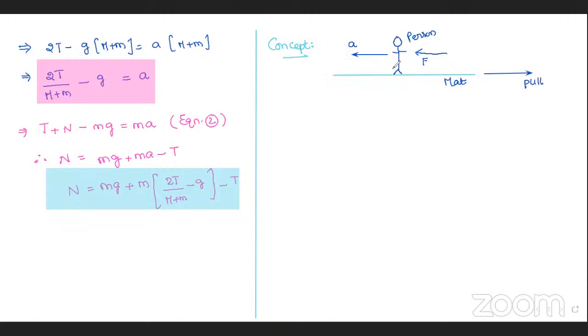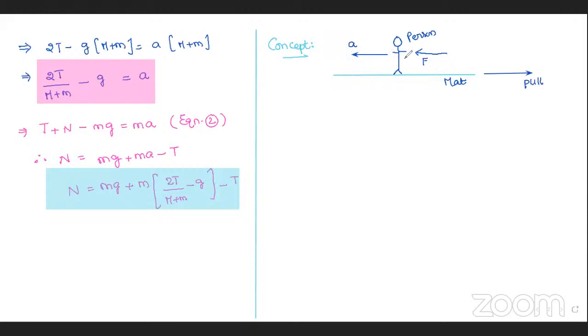What is there to explain again? Simple daily practice: doormat, person, pull, he fell back. That's it. Understood? Simple. Mat, person, stood, pull, fell back.